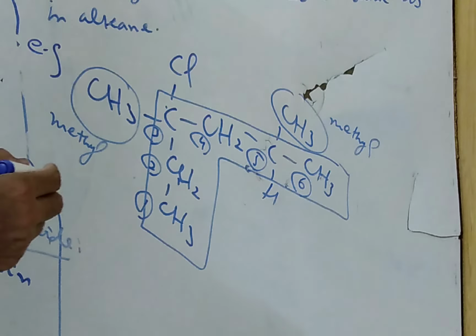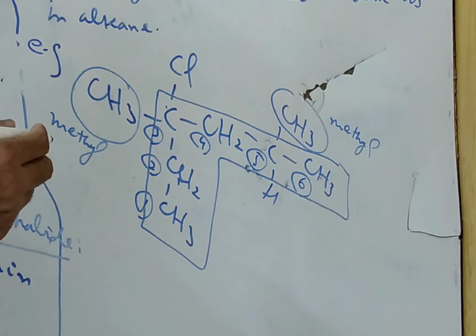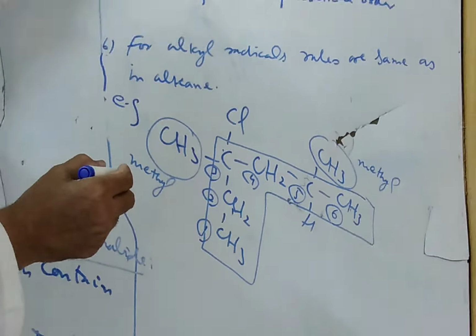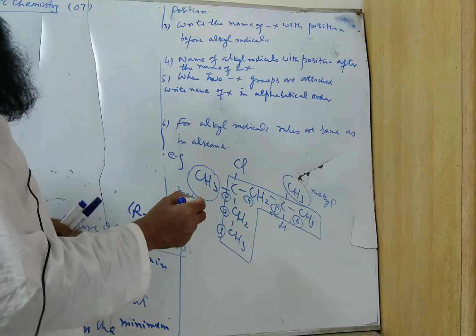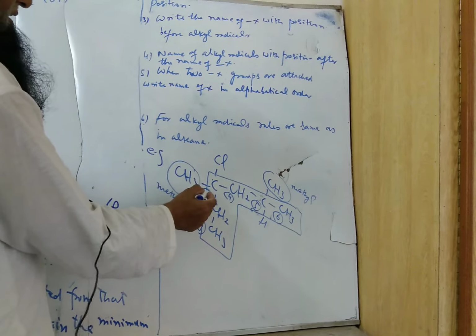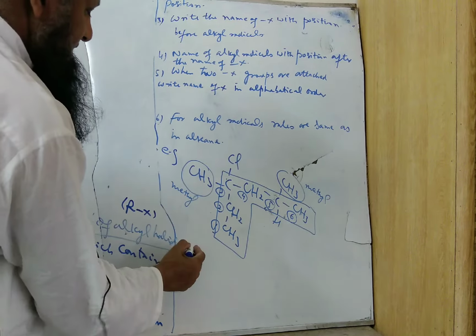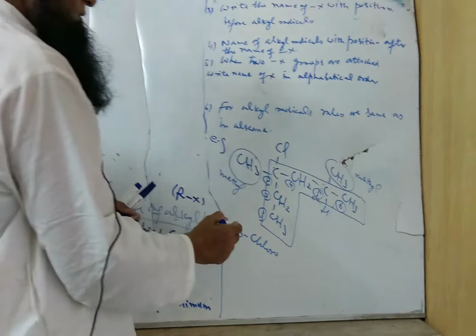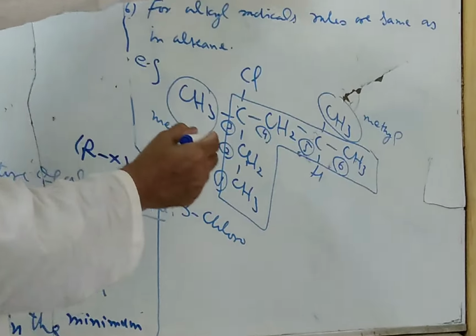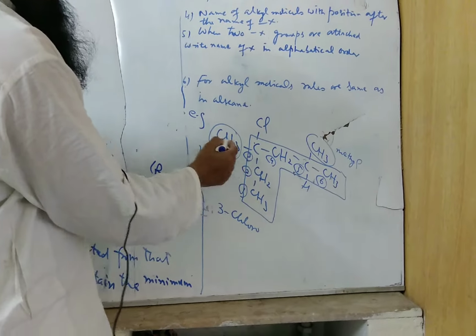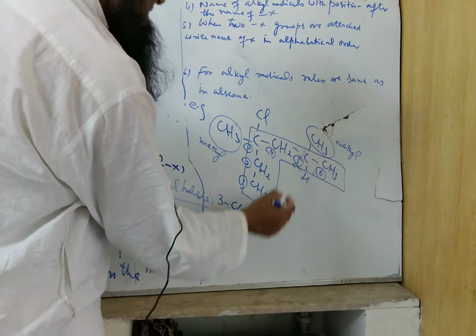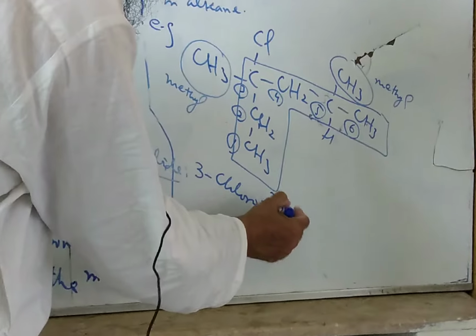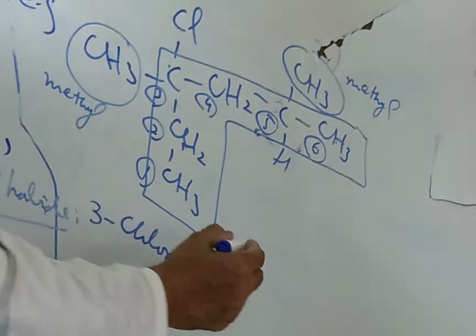Now, according to the rule number 3, write the name of X with position. X comes on the 3rd position. So this is the 3-chloro. Cl is the chloro. And now the name of alkyl radical, that is 3-methyl, and this is the 5, then 3, 5.